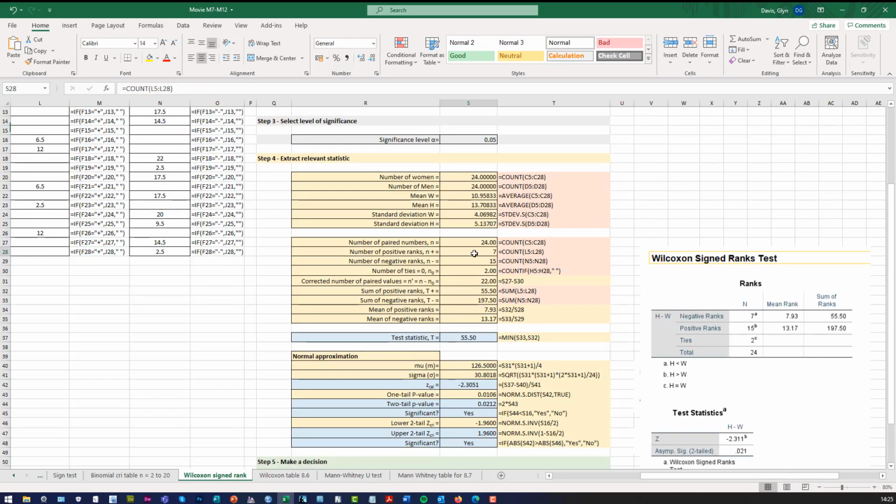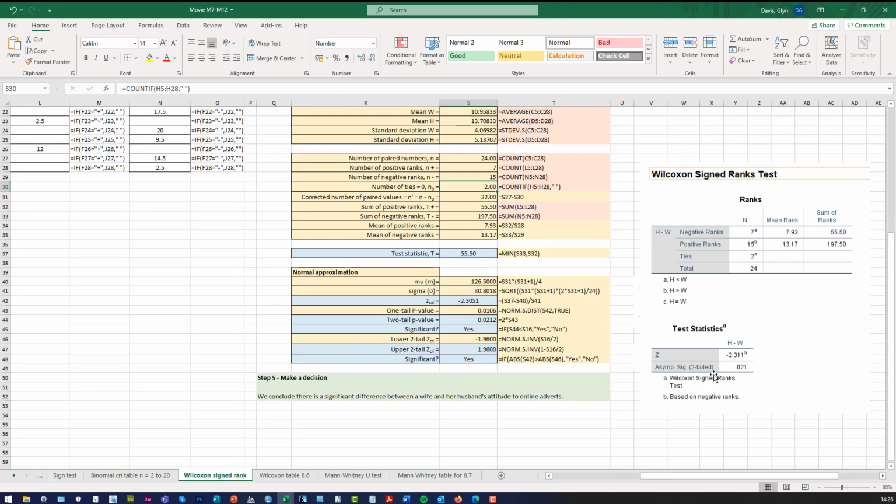So we would have 7 positive ranks, which is equivalent to 7 negative ranks because of this husbands minus wives. Positive ranks is 15. We have 24 in total, as you can see there. And we have 2 tied ranks.